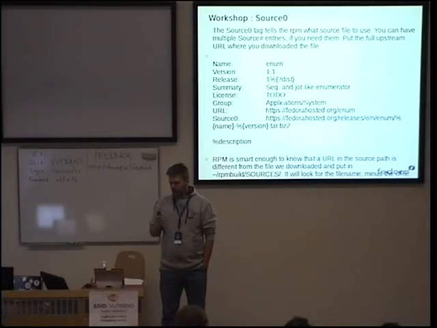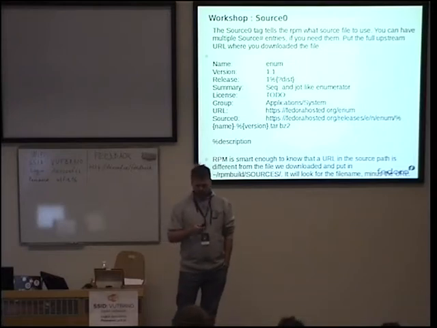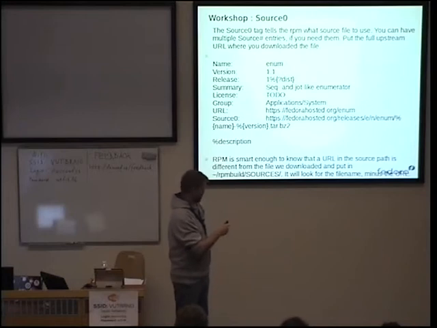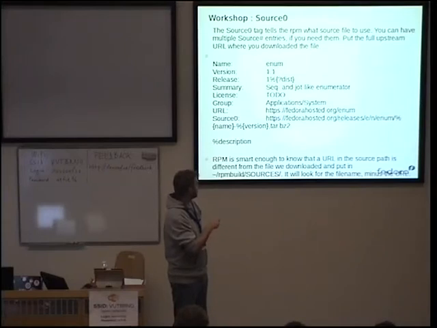You can put there the address where you can download that source file, and RPM is smart enough to ignore the first part and will just take the base part. So it will take this file and check if it is located in rpmbuild/SOURCES and use that file.